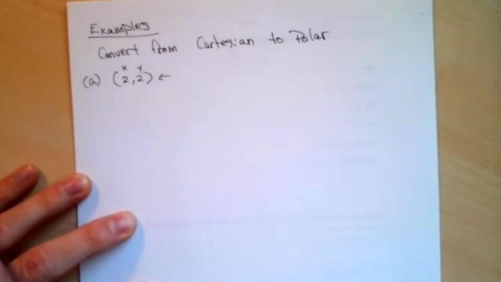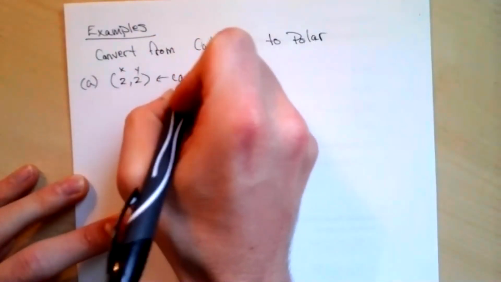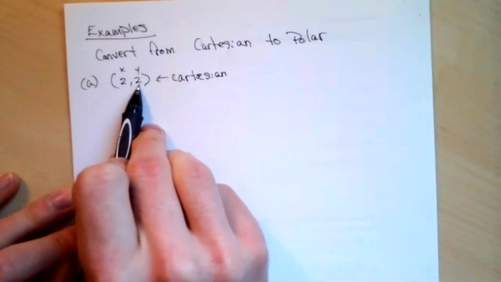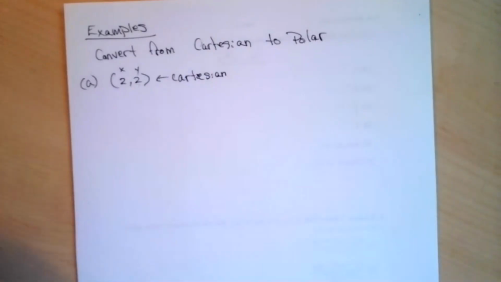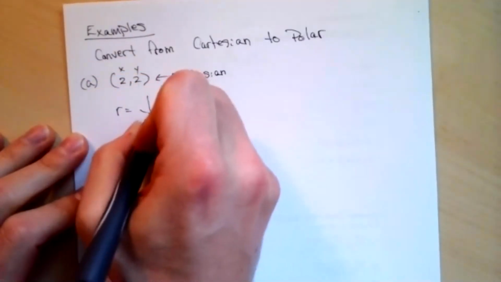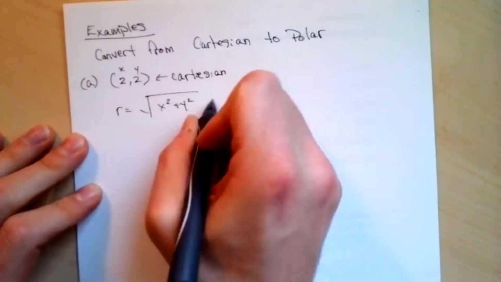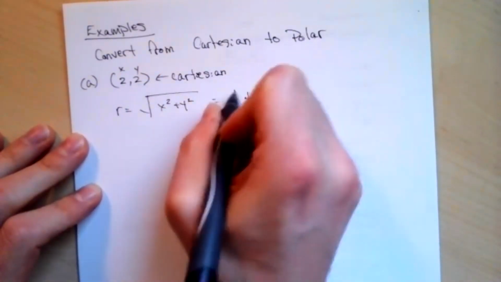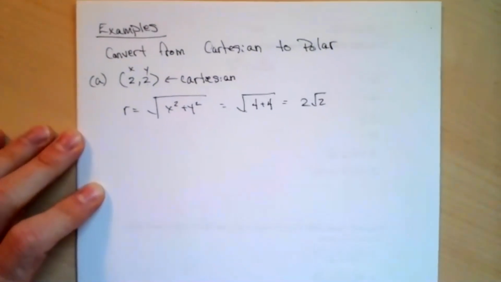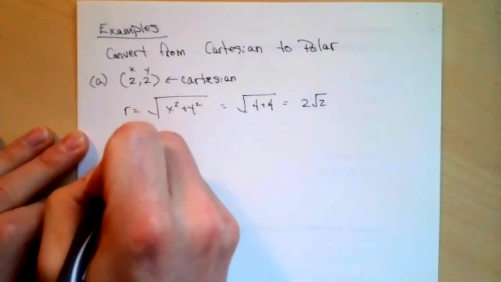Sometimes I like to put an x and y over it. Sometimes they might indicate that it's Cartesian or whatever. It's usually pretty clear whether the coordinate is x, y, or r theta, because the thetas are going to be unit circle thetas. So pi over 2, pi over 4, 3 pi over 4, things like that. So if this is our Cartesian, how do we solve for our r? It's just the square root of x squared plus y squared.